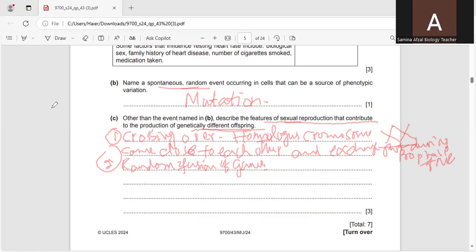So in this way, the random fusion of gametes takes place. It is not pre-planned which sperm will fuse with the egg.